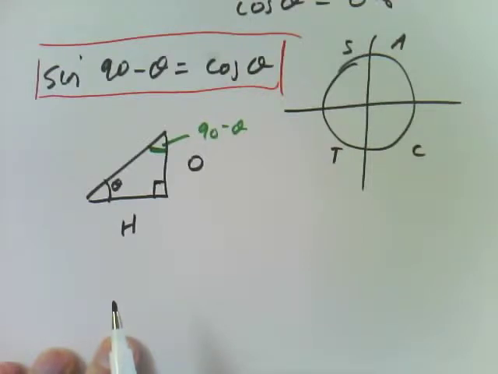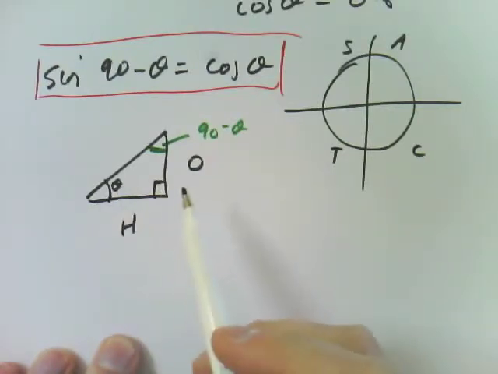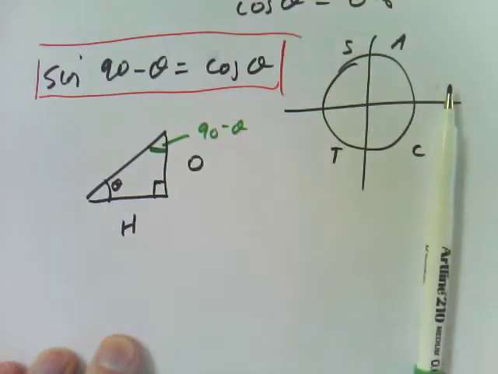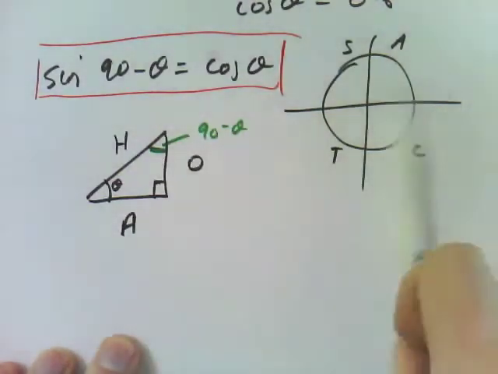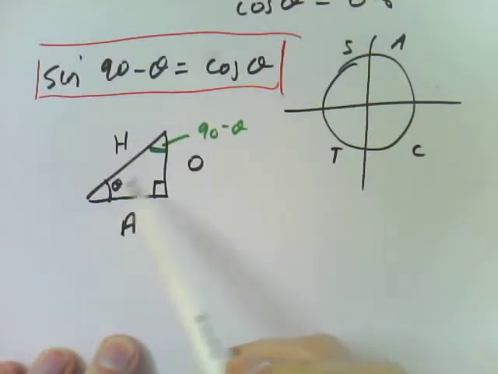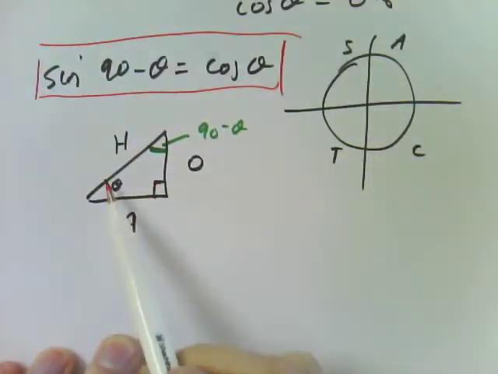And if this is theta here, cos of this, why is that an A over H there? If this is our angle we're working from, this is opposite, this is adjacent, this is hypotenuse. So sine of this angle here is this over this.